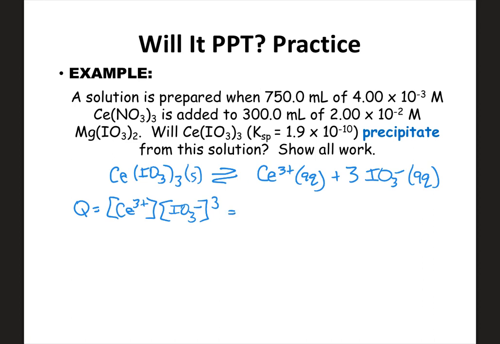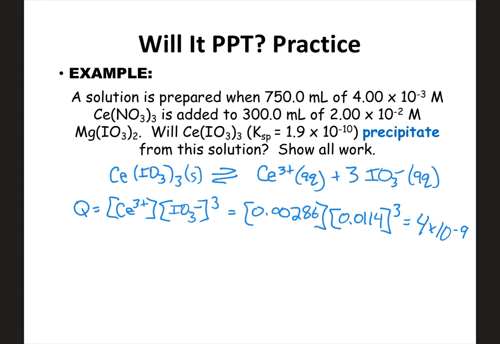So we have the Ce3 plus was 0.00286, and the IO3 minus is 0.0114, but that is cubed. And when I solve this, I get 4 times 10 to the minus ninth as my value of Q.